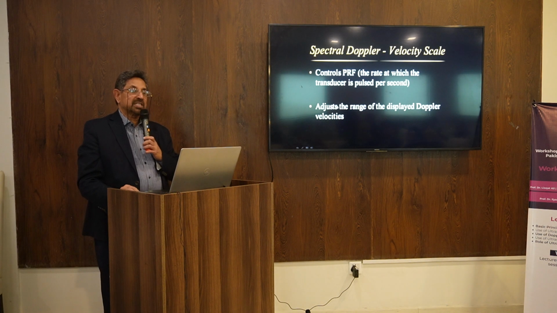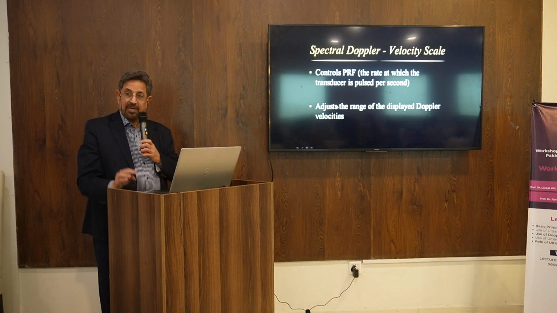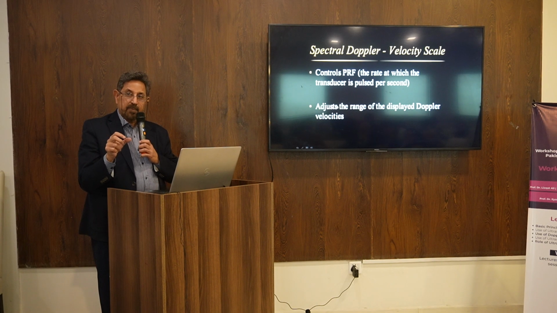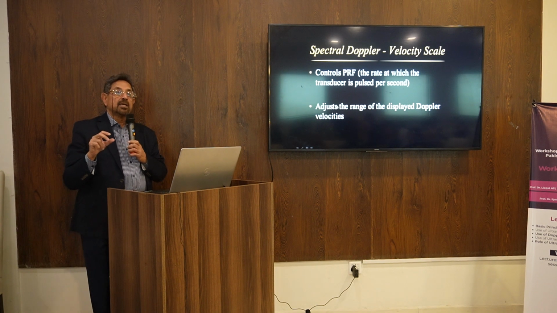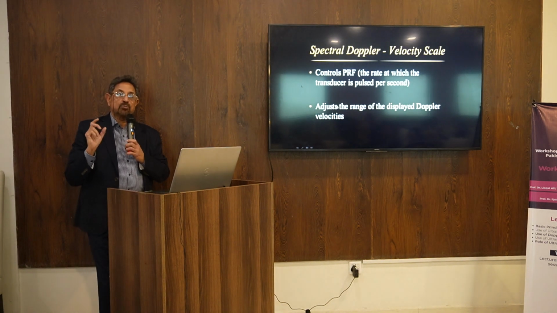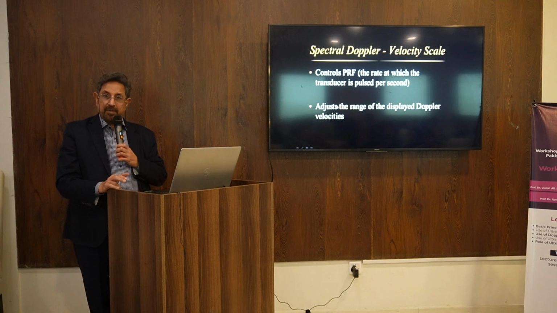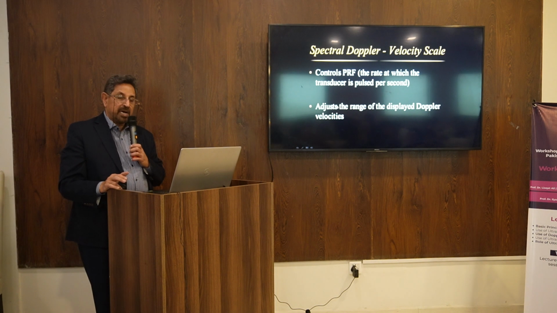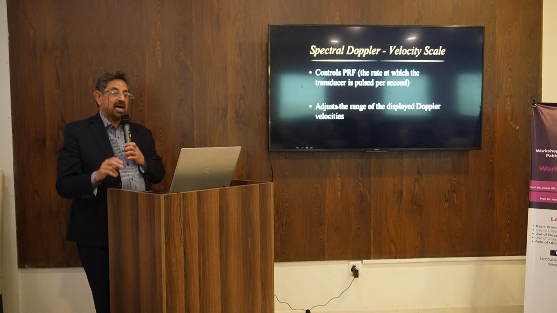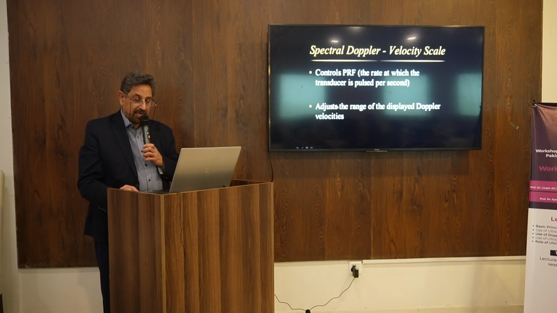If we are going to scan for veins, I will set my PRF at minimum. If I am going to scan a stenosis, I have seen a mosaic pattern, I have seen that color aliasing, I will set my PRF at the highest point to get the highest velocity.